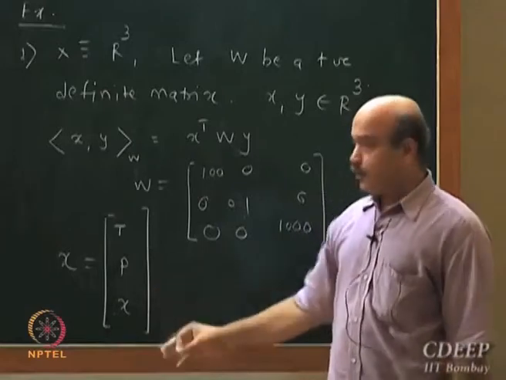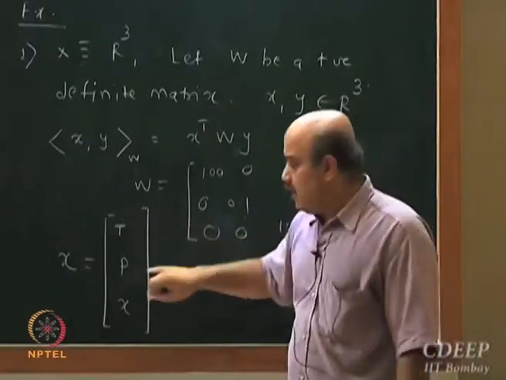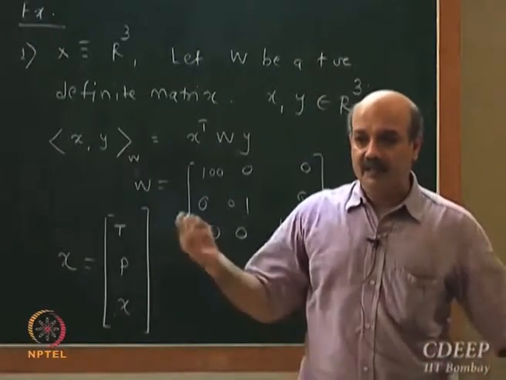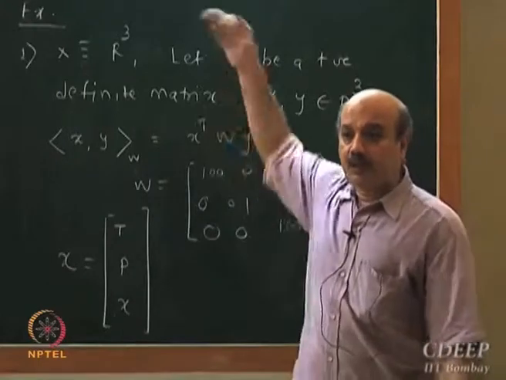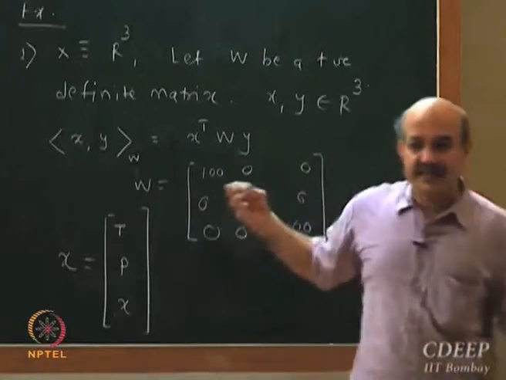So this is in 10s and 20s, let us say degree centigrade temperature. Pressure, let us say, is defined in megapascals, so it is in 10 to the power 5 something. Here x is in fractions.